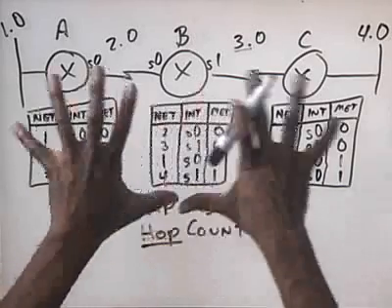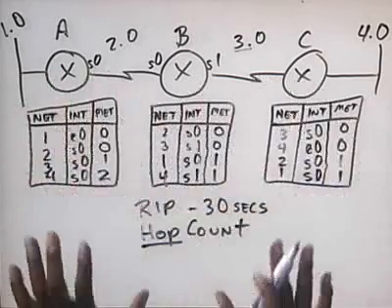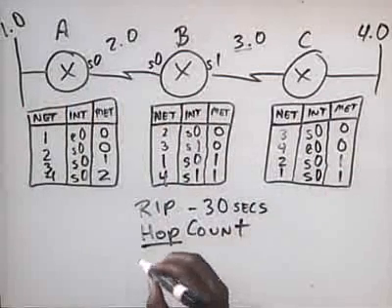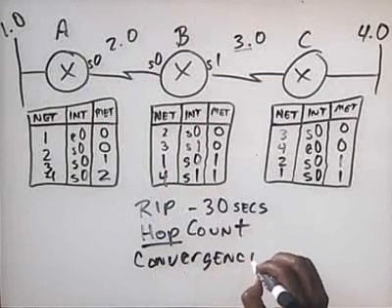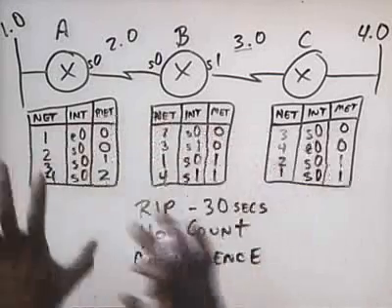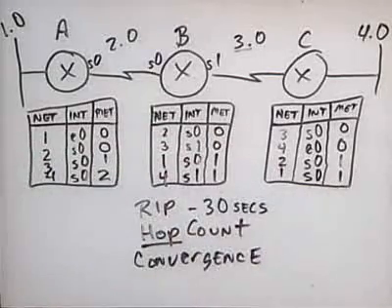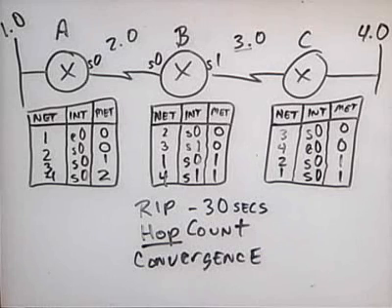Now, this is how routing tables converge. This is called convergence. So right now we have a fully converged network. All of our routers know about all of the routes. Say, for instance, now network 4 goes down.